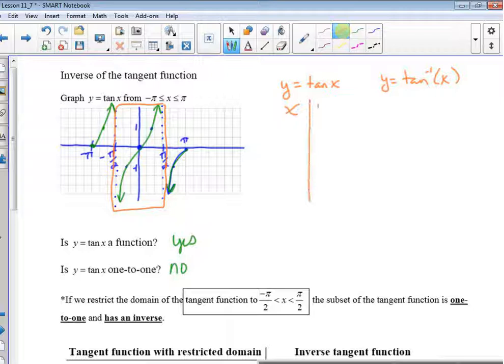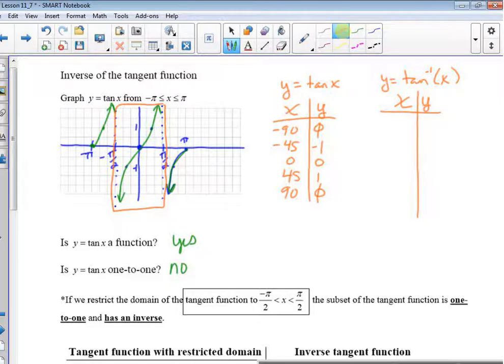So getting some points, I would have -90 undefined, -45 is -1, 0, 0, 45, 1, and 90 undefined. So it's kind of going to be hard to do undefined at -pi over 2. I'll have to show you what that looks like.